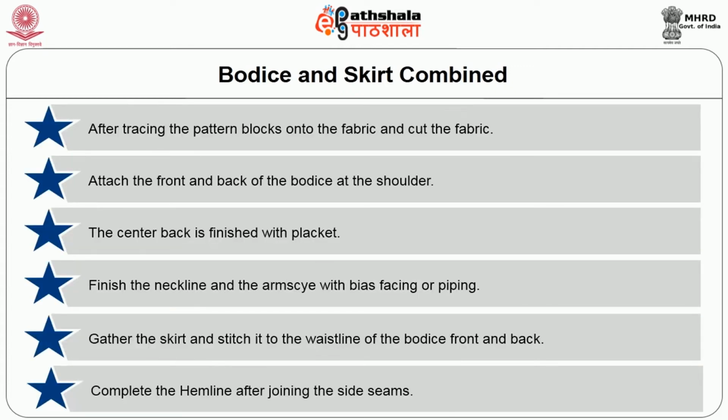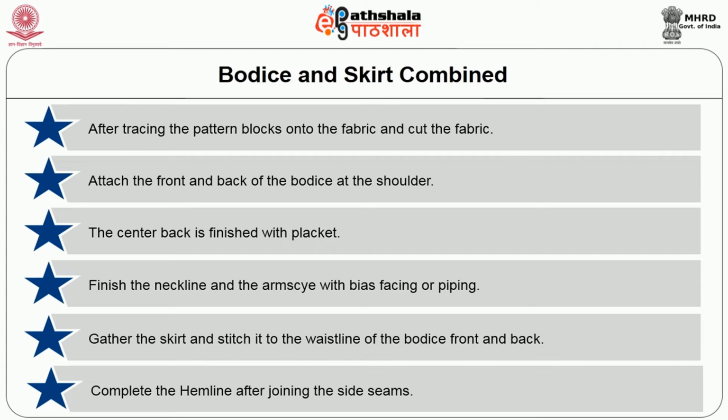After tracing the pattern blocks onto the frock, cut the fabric into the pattern pieces. The pattern outlines are traced onto the fabric and the fabric is cut following the pattern lines. The fabric pieces of the front and the back are joined at the shoulder.